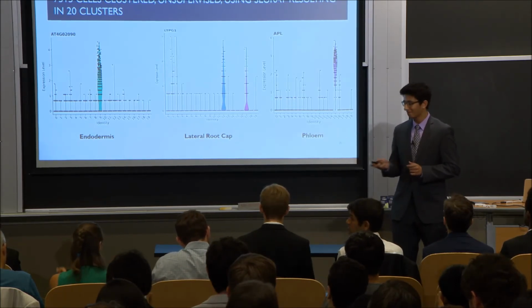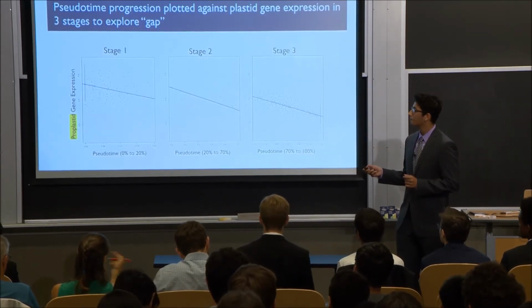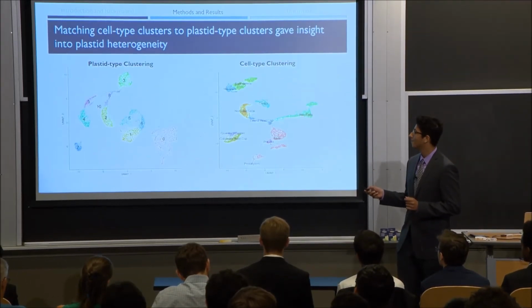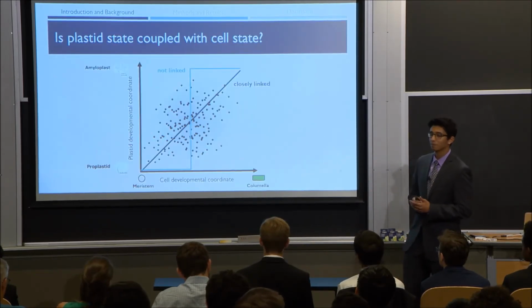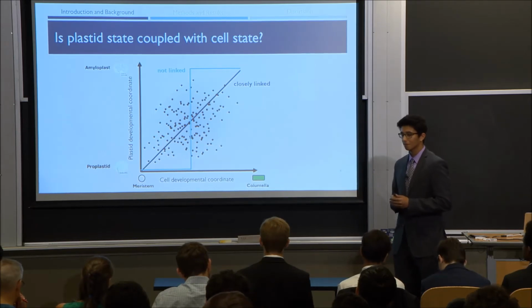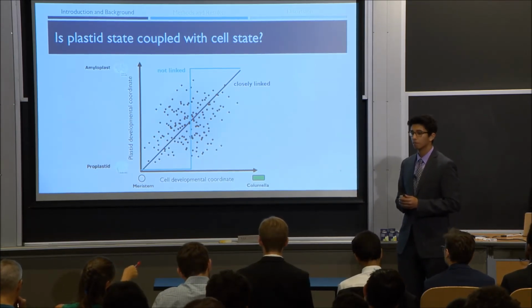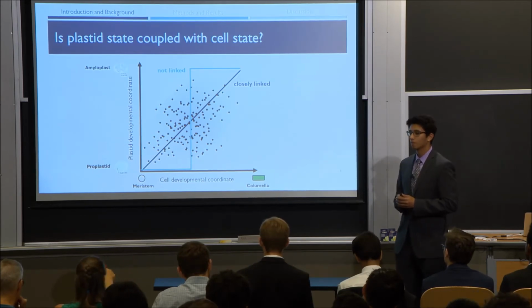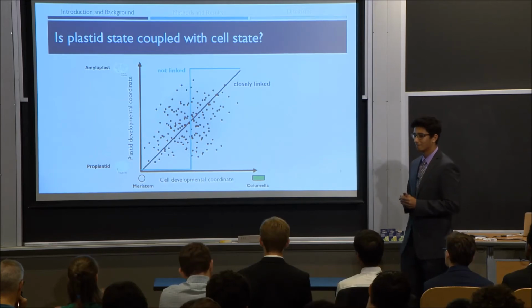Can I go back to one of your early slides where you were laying out the trajectory? Mm-hmm. This one. So when you have on your x-axis, from meristematic to columellar cap, is that pseudo-time, or what are you actually using for your variable there?